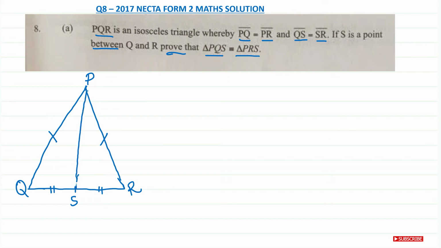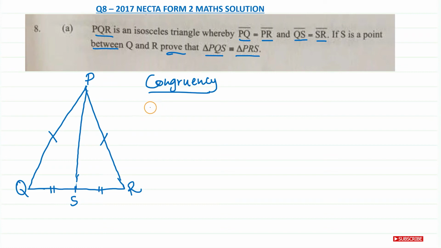So what are we dealing with here? Well, we're dealing with congruency. So what does that mean? For two shapes to be congruent, that means they have to be exactly the same size. So we need to prove one of the conditions for congruency.